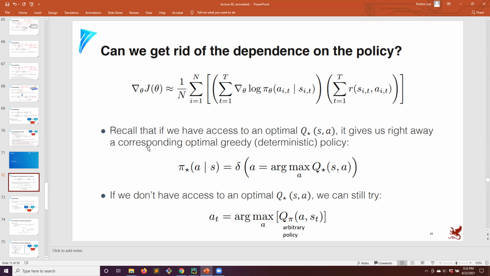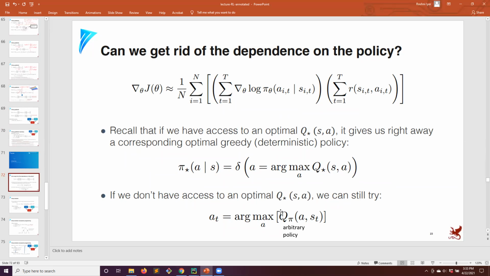So just to recall, when we find this optimal policy, we do that by computing this delta function over the argmax of this Q function. But then what happens if we don't have this optimal Q function? Maybe there's a way to still be able to do this, and the answer is yes, we can.